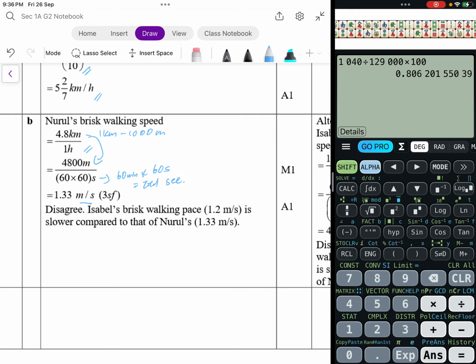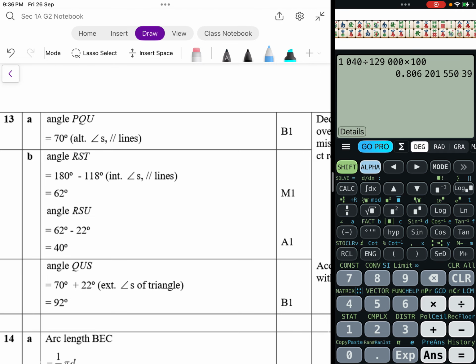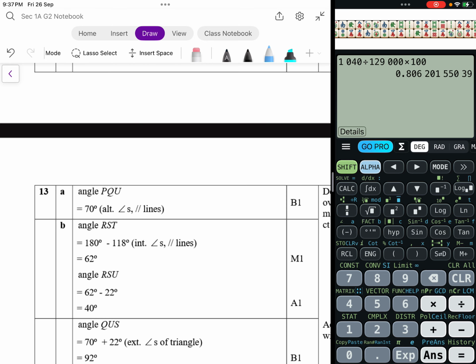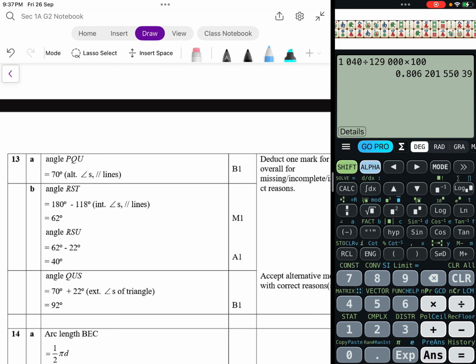Alright. Okay, so from here we move on to the next one, question 13. They ask you to find angle PQU. Now you have alternate angles there. So angle PQU, let me see if I can draw the diagram here.